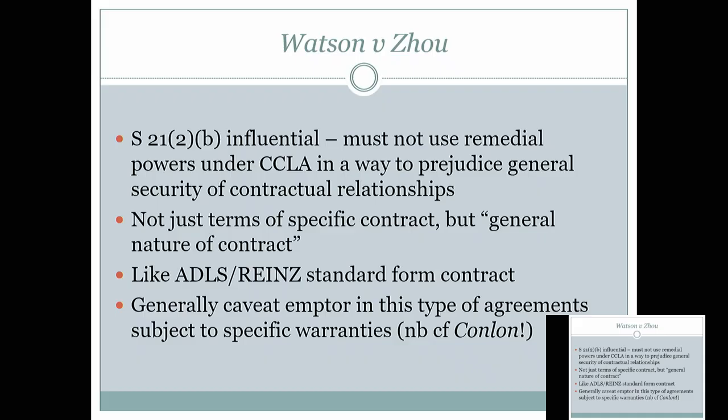And that's why it's always a good idea to make conditional offers when you buy a house and make it conditional upon getting a satisfactory building report or a satisfactory moisture report or something like that. Okay, so that's the first starting point. The court should be slow to undermine this.